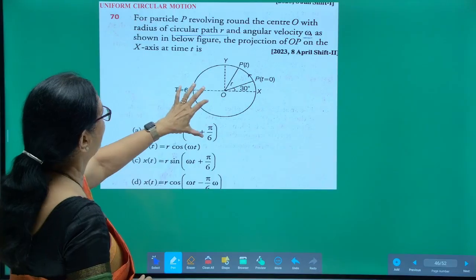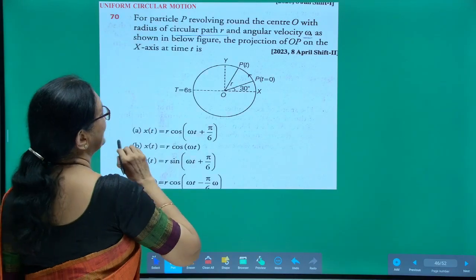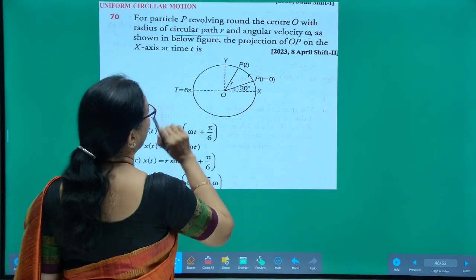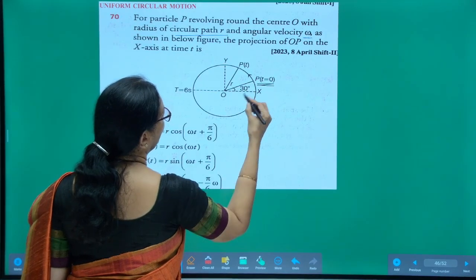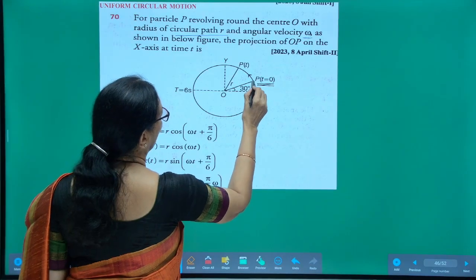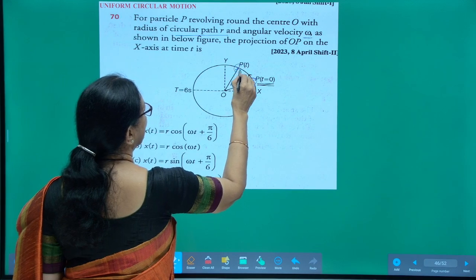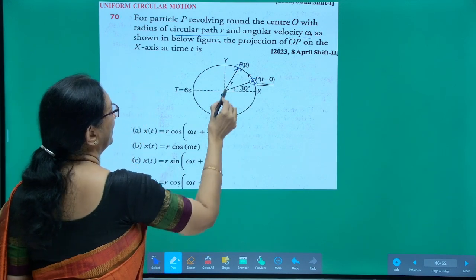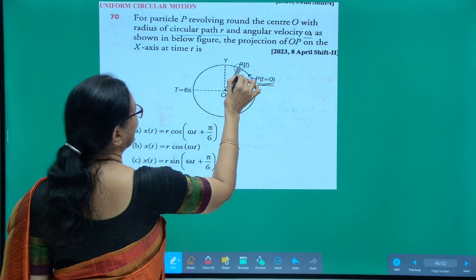As shown in this figure, projection of OP on x-axis at time t is to be found. See here, the most important thing is that t is equal to 0 is the starting point and this is after time t. So you are supposed to find out its projection on x-axis.